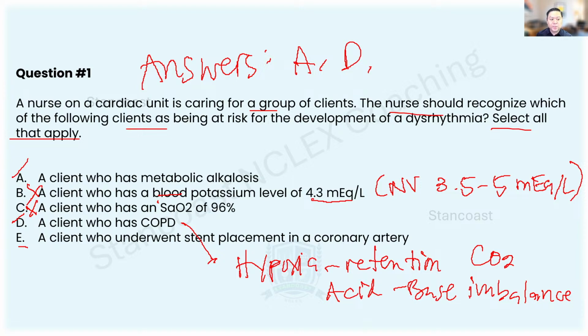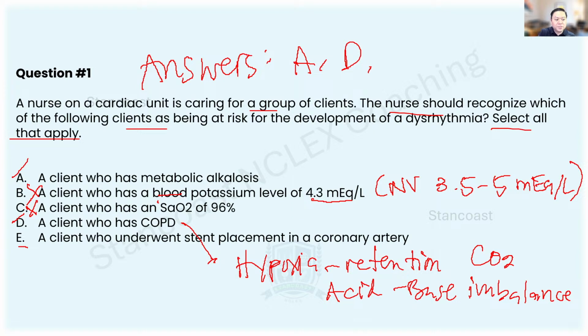So go back into the concept here. We're going to have to identify the factors that will predispose the patient to the dysrhythmias. So for example, if there is a problem with the oxygenation, acid-base disturbance, or let's say chronic conditions, then we're going to associate the dysrhythmias with those, okay?